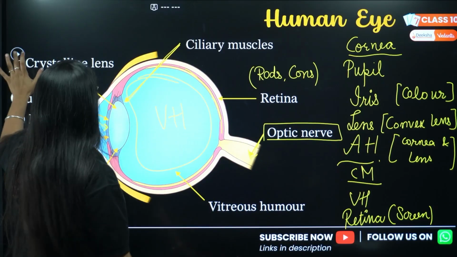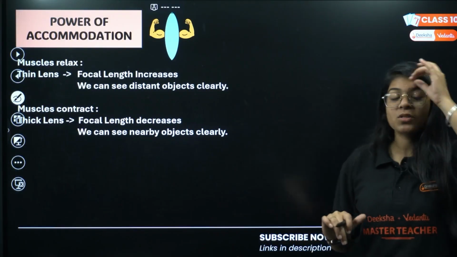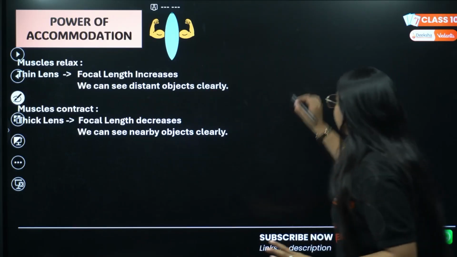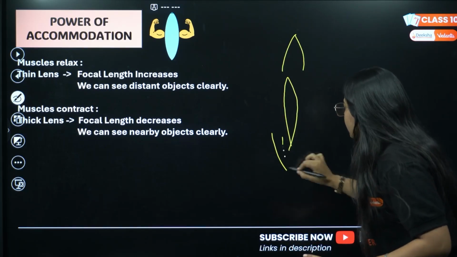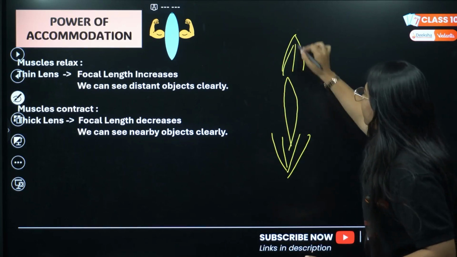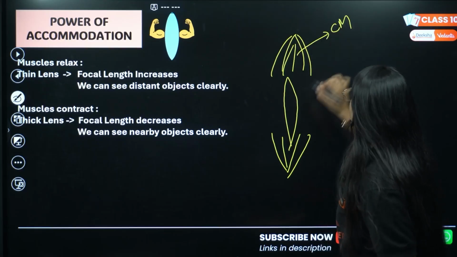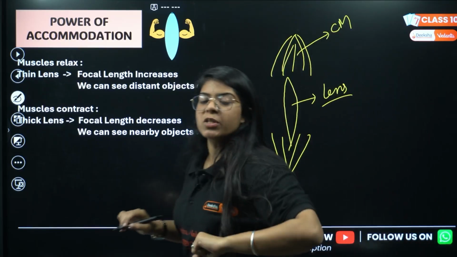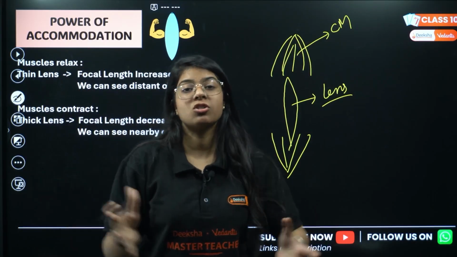Okay, moving on, one of the most important topics of this chapter is power of accommodation. These are the ciliary muscles, this is my lens, and these are again the ciliary muscles. To see distant objects or nearby objects, our lens needs to change its shape.